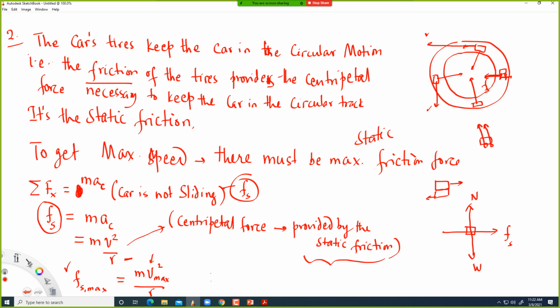What's the formula for F_s max? You should know that. We used that in lab last time. What's the formula for F_s max?